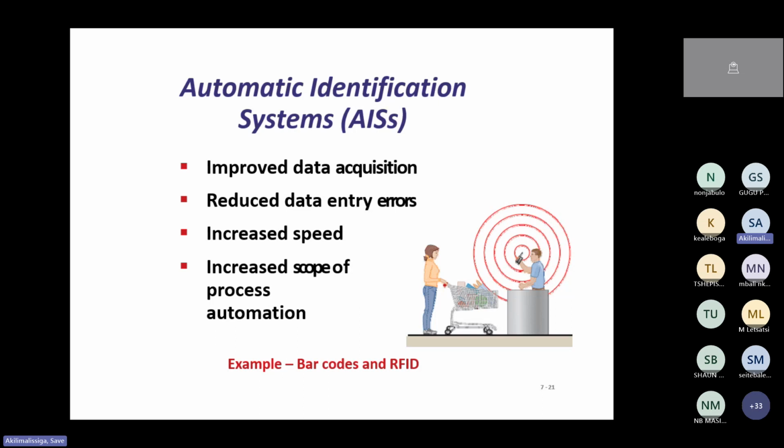And that is also going to delay, right? It's going to delay you as the customer, and also the cashier in the process of accomplishing that task. So the idea here is that when an automatic identification system is implemented, that is going to increase the speed of delivering services, for instance, to customers.